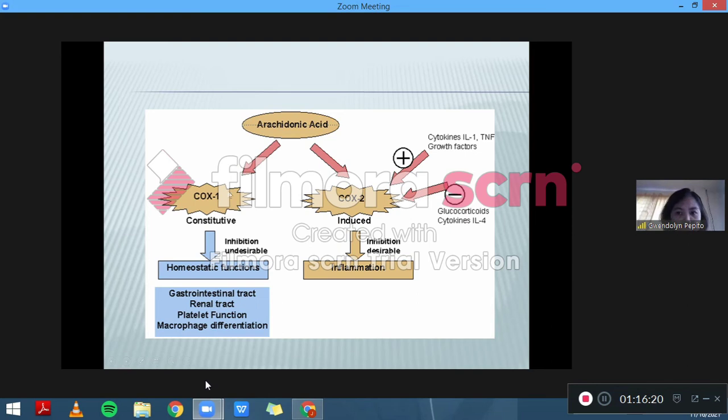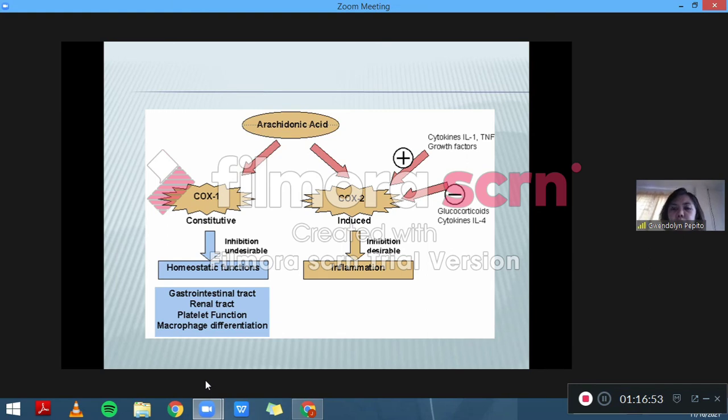But then they turned out to target specifically COX-2 because they don't want the detrimental effect if you also inhibit COX-1, because COX-1 has some functions for homeostasis. But then it turns out that there are other bad effects towards the body.